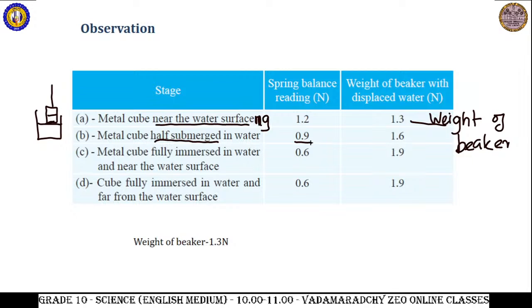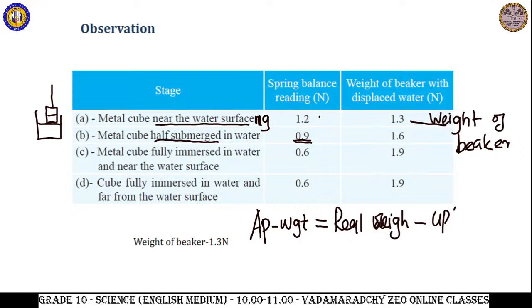The 1.2 is reduced to 0.9. This 0.9 is the apparent weight and 1.2 is the real weight. We have already studied that apparent weight is equal to real weight of the object minus upthrust.